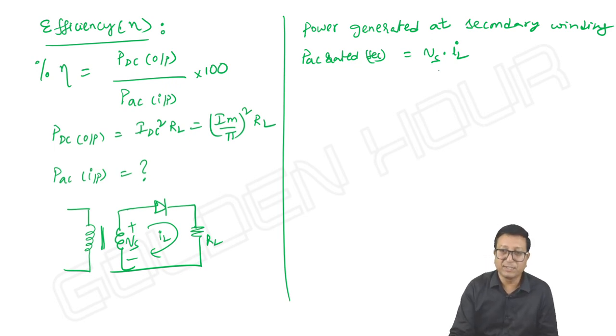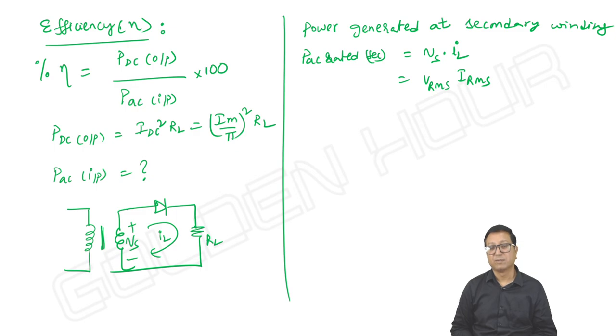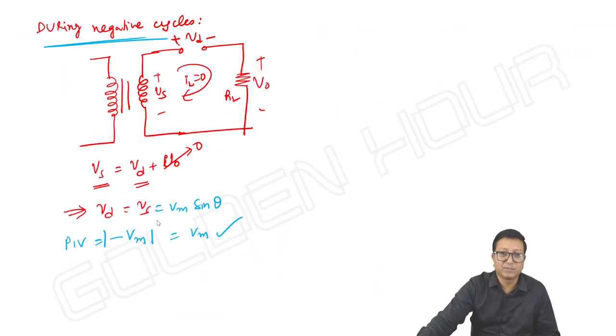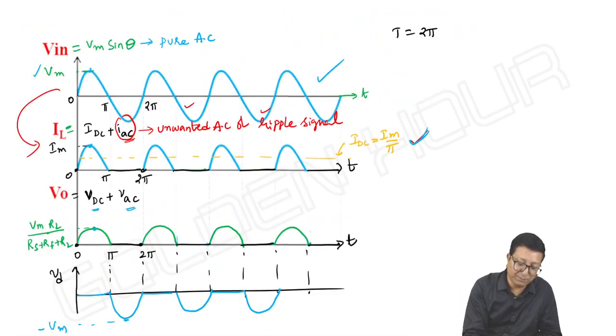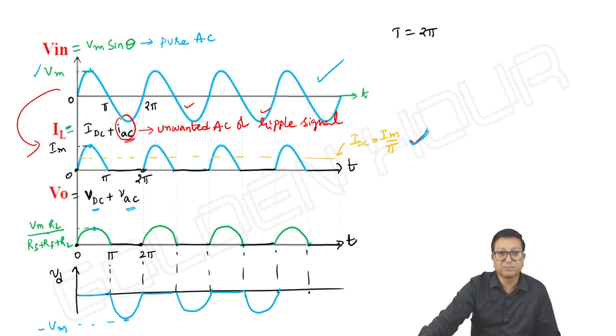Vs is Vm sin theta and IL is equal to Im sin theta. But what is its value as far as this value is concerned? Equation wise we may write it like this, but at the time of substitution we should write its RMS value. What is the RMS value of secondary voltage? Secondary voltage Vs is a pure sine wave, right? Its RMS value is peak amplitude by root 2.